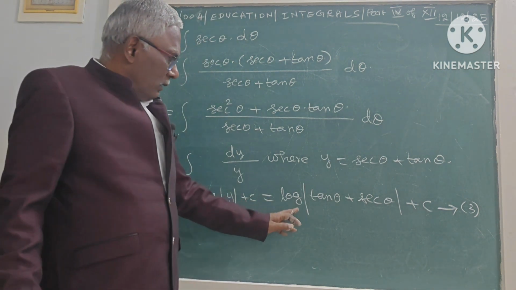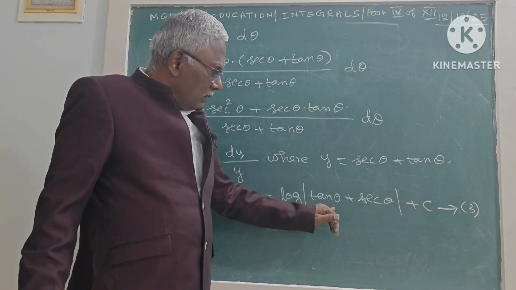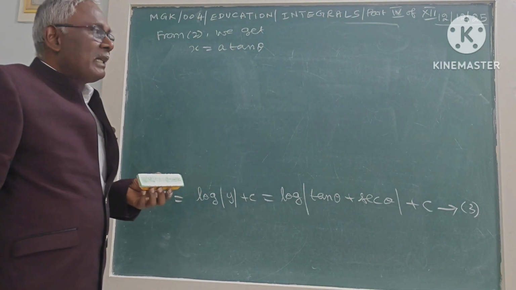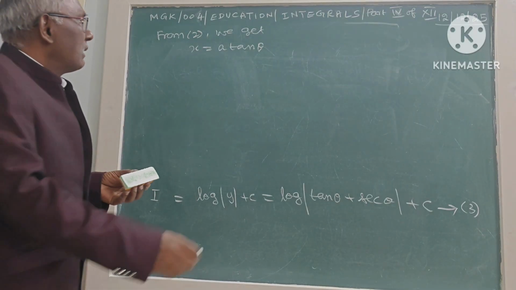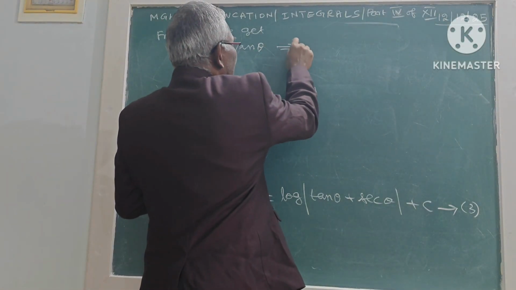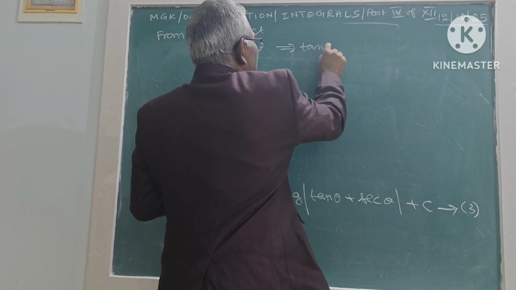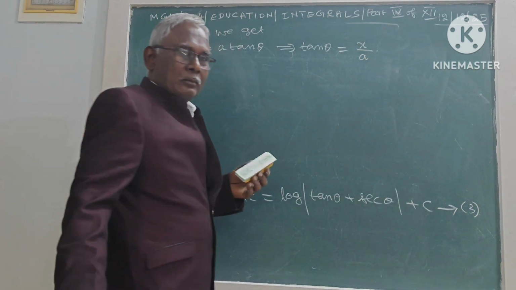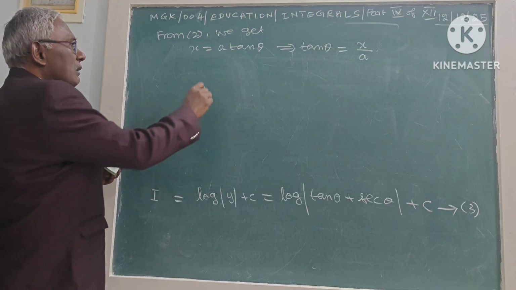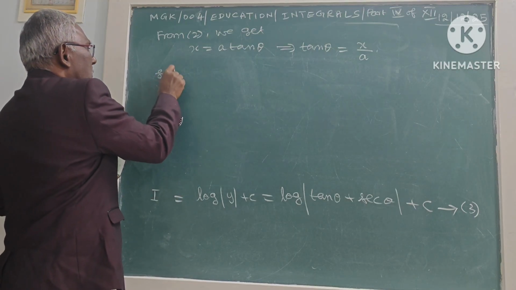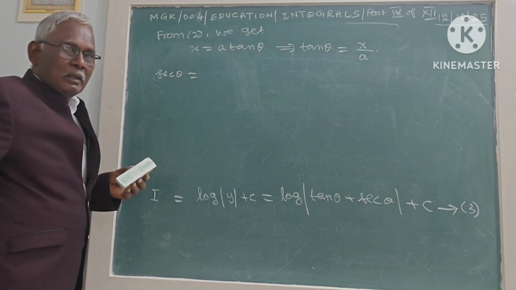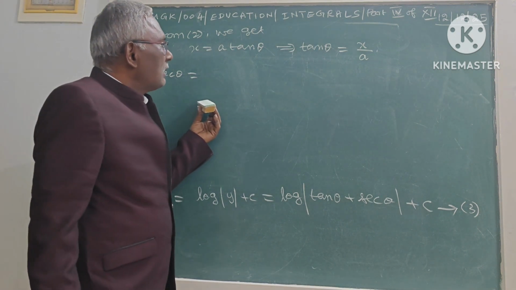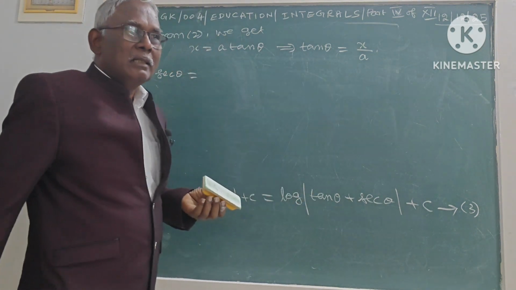Now we have to replace theta in terms of x. From 2 we get x is a tan theta. From here we can get tan theta is x by a. Then we have to get the secant theta value. To find the secant theta value, we have to express secant theta in terms of tan theta.